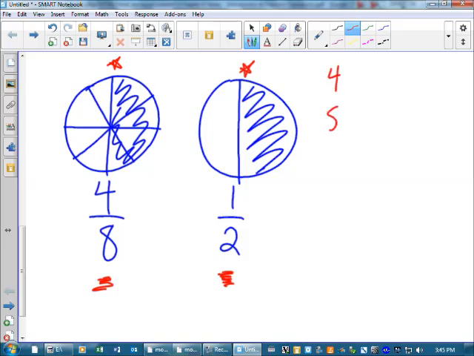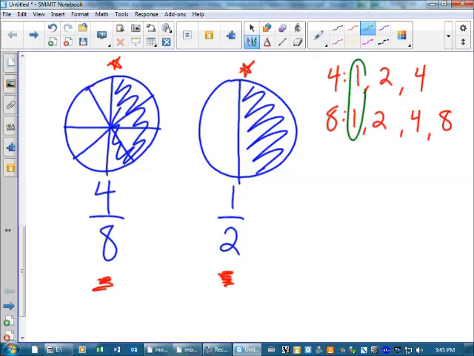If these are my 2 numbers, I want to find the factors of 4 and 8. My factors of 4 are 1, 2, and 4. My factors of 8 are 1, 2, 4, and 8. So my common factors are 1, 2, and 4.